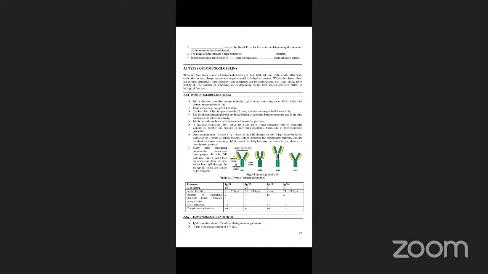It is the major immunoglobulin during the secondary immune response, right? Whenever an antigen is encountered for the second time. It can be transported through the placenta, and it has 4 subclasses: G1, G2, G3, and G4. They all differ according to molecular weight, interchain disulfide bonds, and functions also.